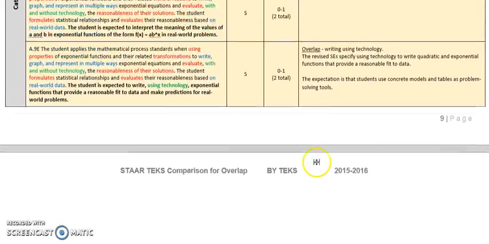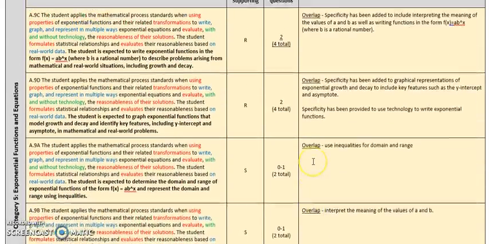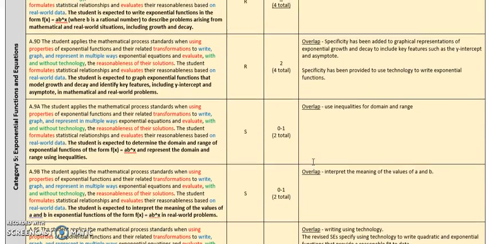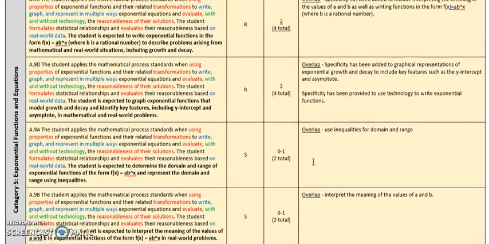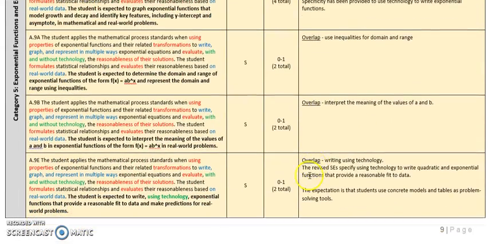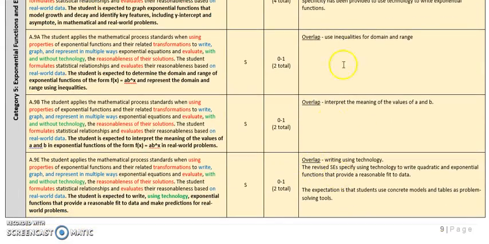Well, what the state has done is they've said that one TEK needed some more defining. So they took that TEK and broke it up into 5 TEKs. All of this right here represents that one TEK, is what the TEA has said. So I'd like you to notice on the notes, overlap, overlap, overlap, overlap, overlap. Why are all these overlap?